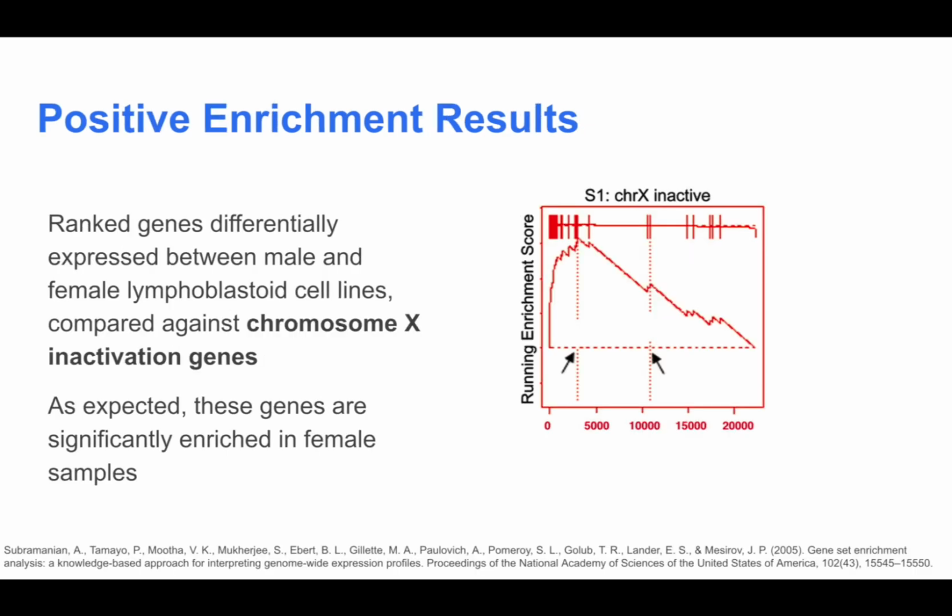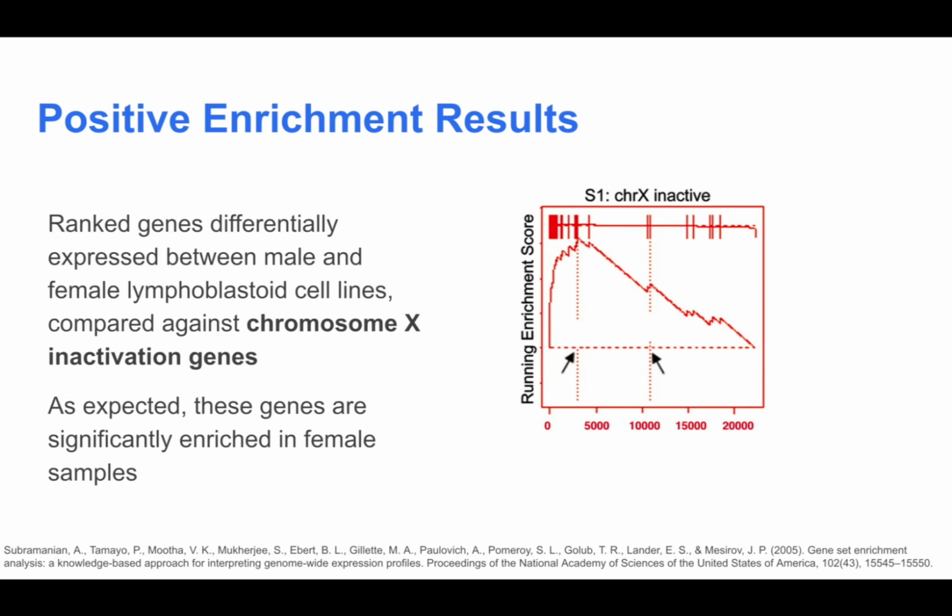So just for some practical examples from the original GSEA paper. This plot basically shows the random walk plot for a signature between male and female lymphoblastoid cell lines, which is compared against a set of chromosome X inactivation genes. This is a sex-based trait, so you'll see that these genes are significantly enriched in the female samples based on the plot.